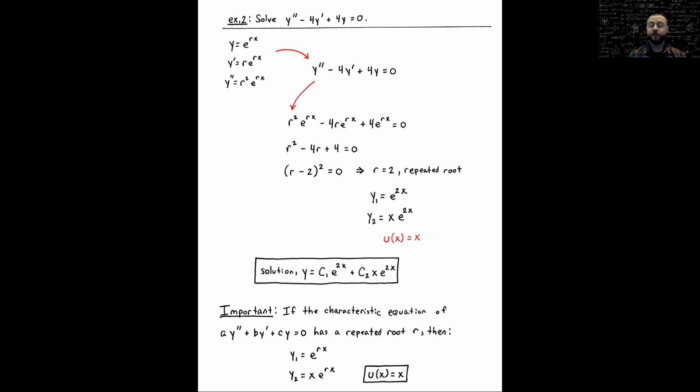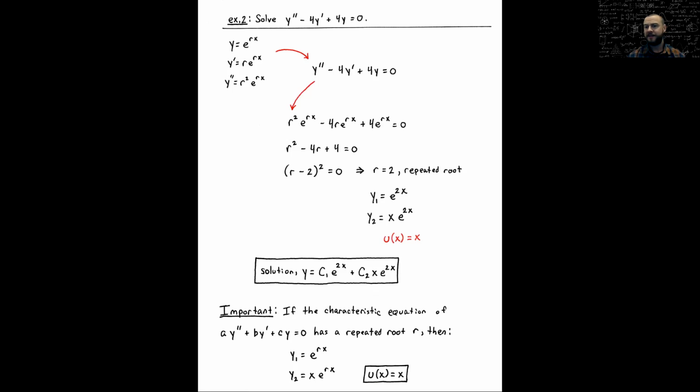That always remains the same. I would advocate never going through the reduction of order procedure again. Just memorize that in the case of a repeated root, y2 is x times e to the rx.